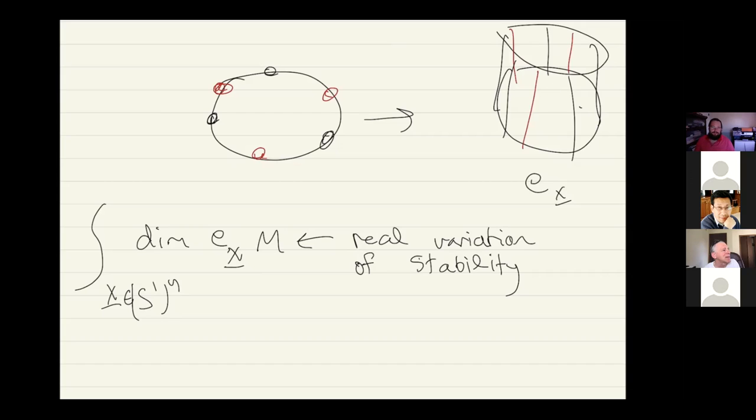And there is some operadic structure which we did not work out.